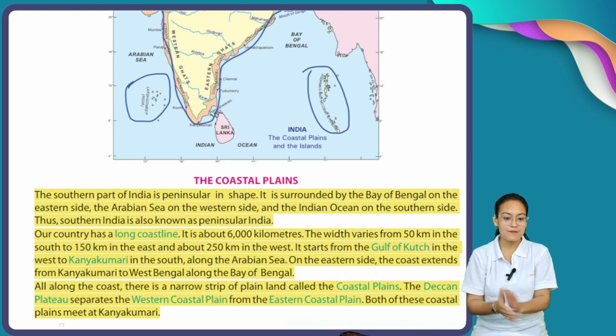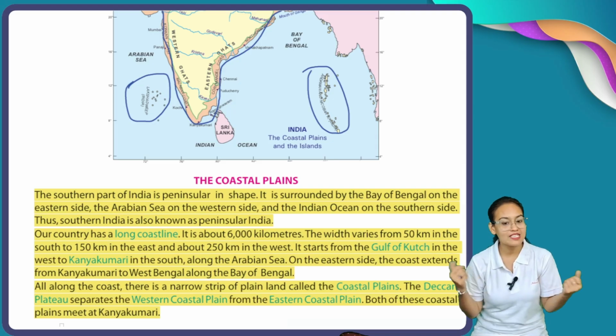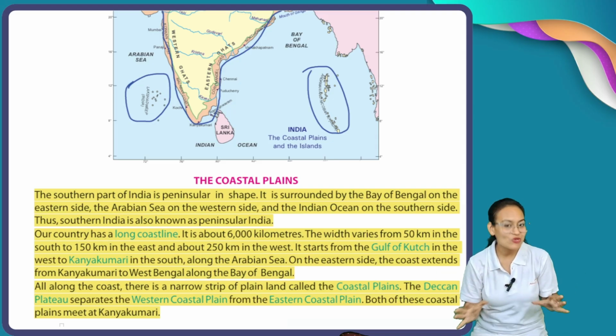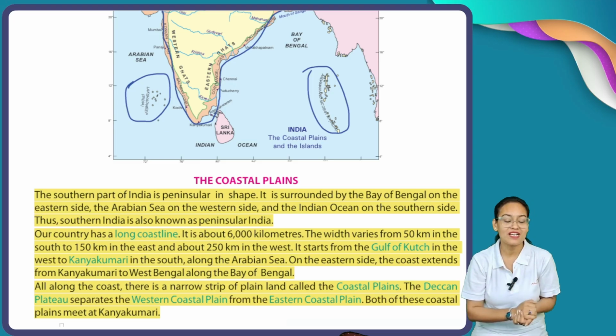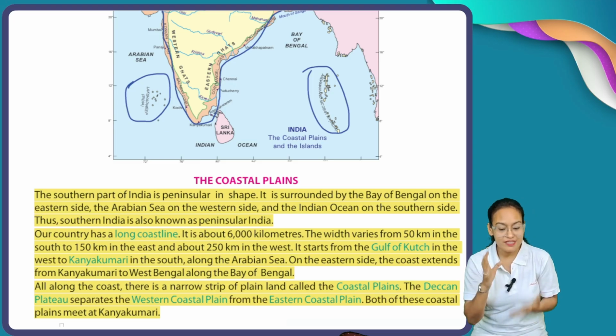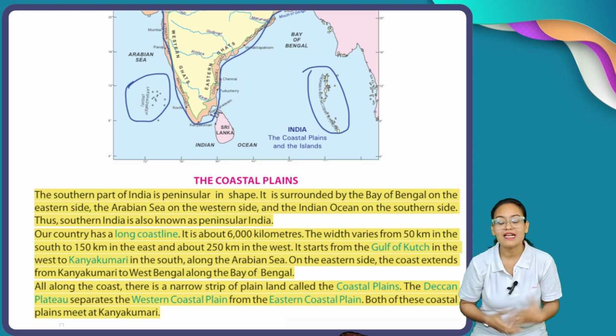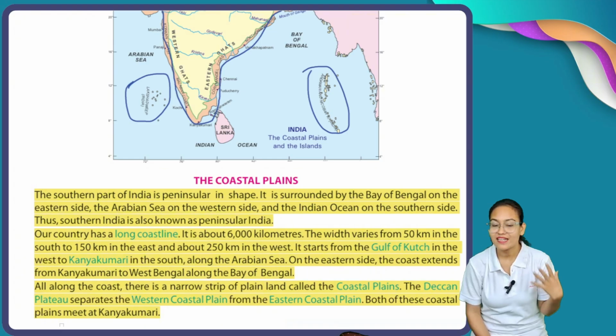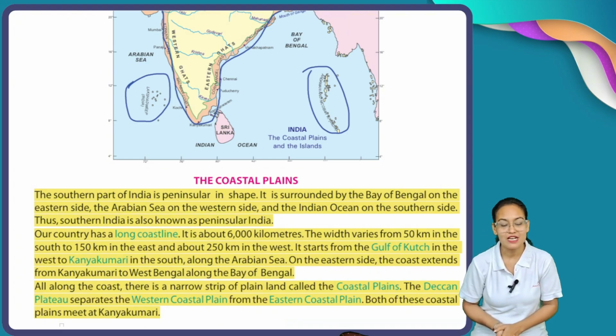Coastal plain. The southern part of India is peninsular in shape. As you all know, the southern part of our India, it is peninsular in shape. It is surrounded by the Bay of Bengal on the eastern side, Arabian Sea on the western side, and Indian Ocean on the southern side. Thus, southern India is also known as peninsular India.